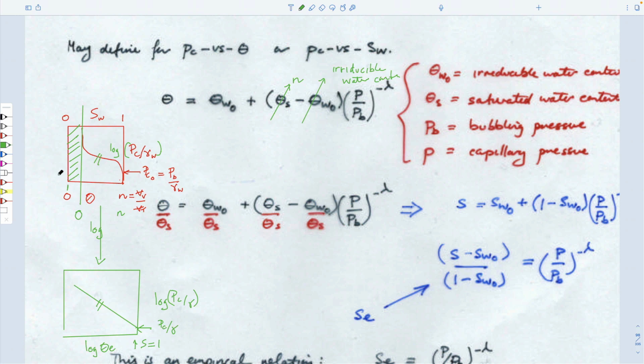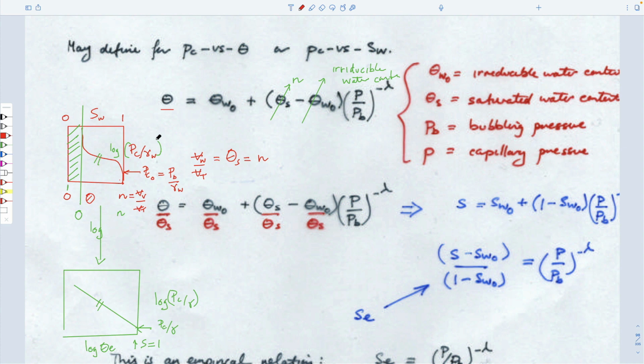And so what we could do is we could take this term here and we could just divide through by either the porosity or the saturated moisture content, whichever one you want to choose. So I guess the saturated moisture content is equal to the porosity, right? All the pore space is filled with water, and since this term here is the volume of water divided by the volume total, then these are the same.